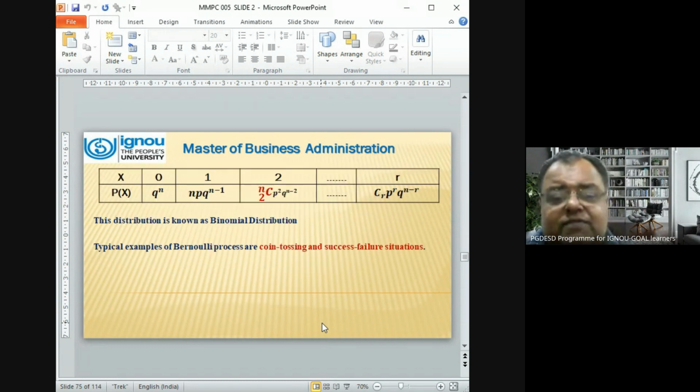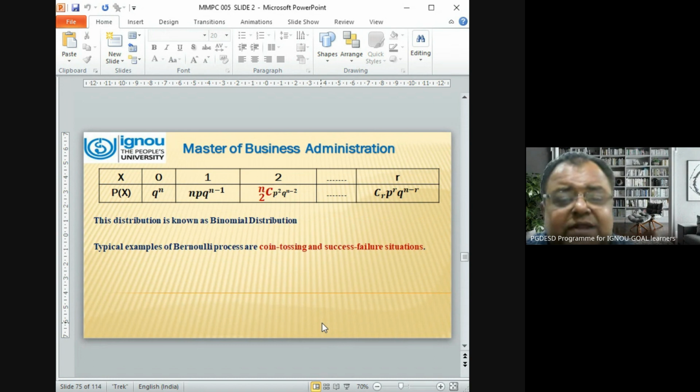Here comes the formula, the respective formula, for how to apply that in the binomial distribution. For 0, 1, 2, 3 till r, the respective probabilities will be q raised to the power n, npq raised to the power n minus 1, nC2 and so on till nCr, p raised to the power r into q raised to the power n minus r.